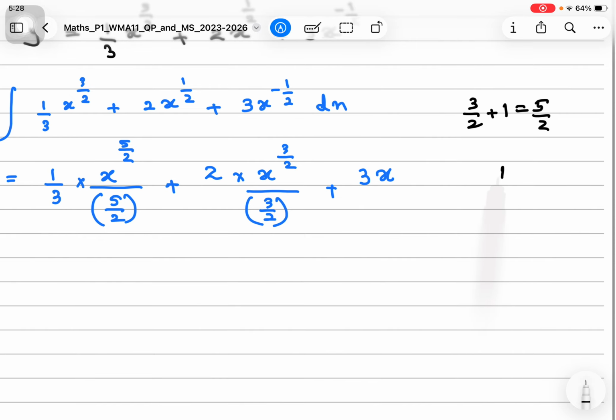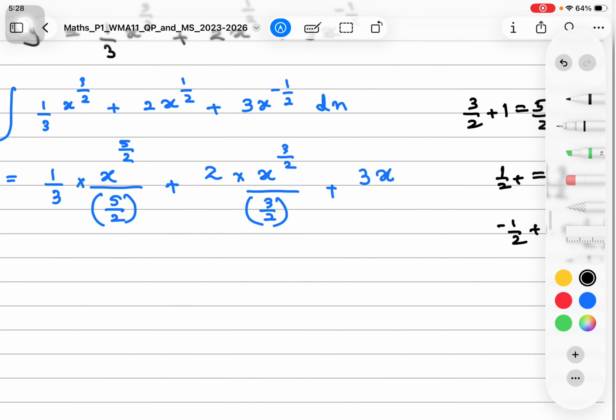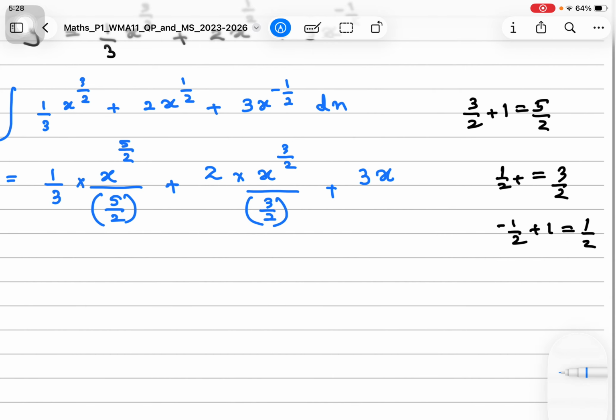Half plus 1 is 3 over 2, which I did here, but now negative half plus 1 gives you positive half. So it's going to be x to the half divided by half. And at the end it will be C.